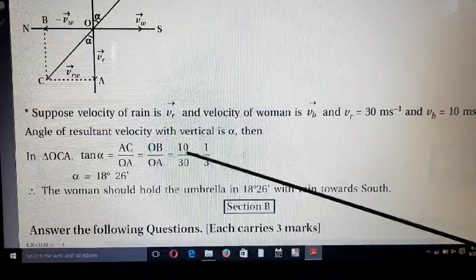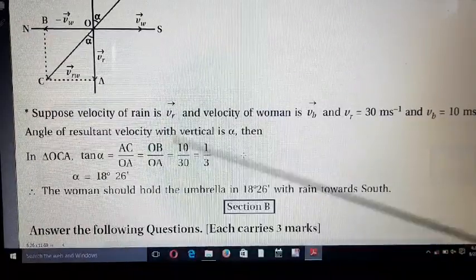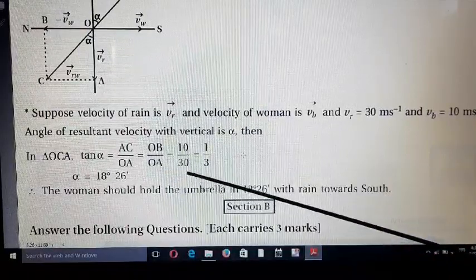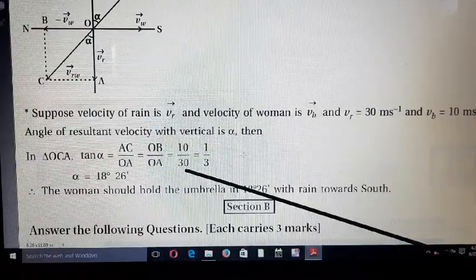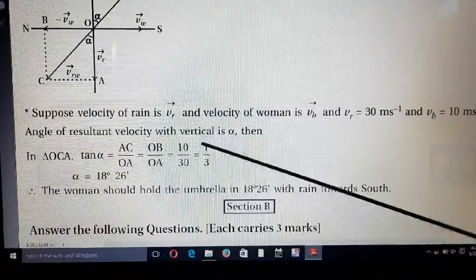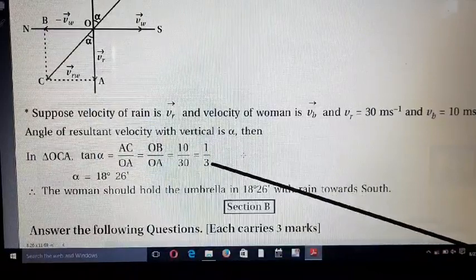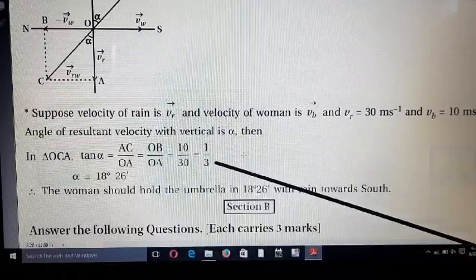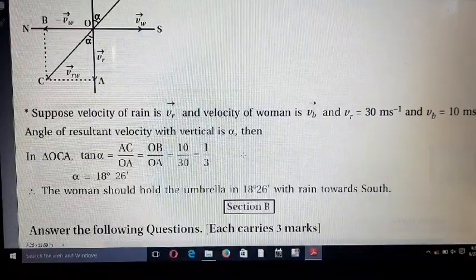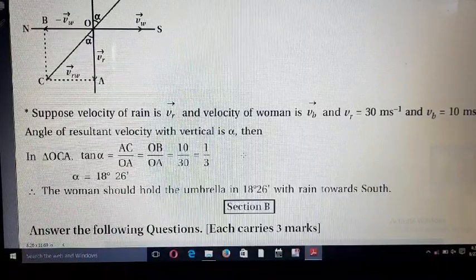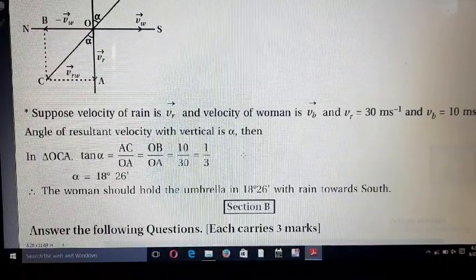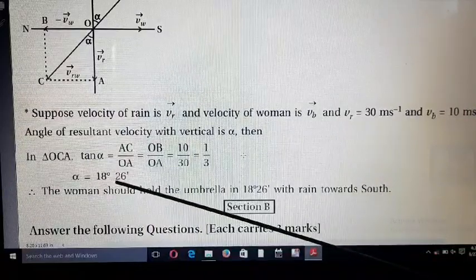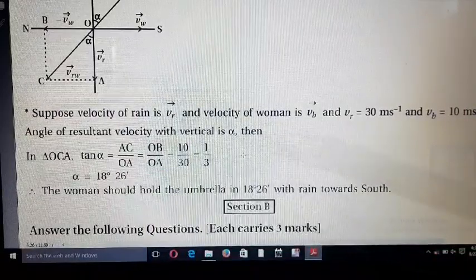OB is equal to 10, and OA is 30, the velocity of rain. So 1 upon 3, and calculating, you get the answer 0.3333. And with the help of natural tangent, we can find its angle. Alpha is equal to 80 degree 26 minutes.